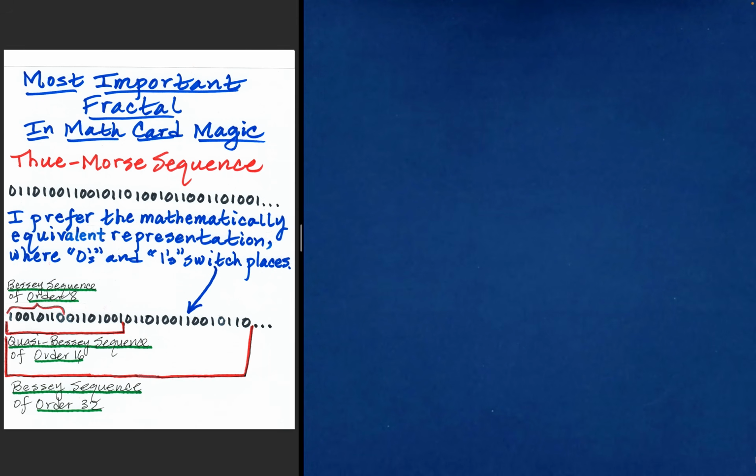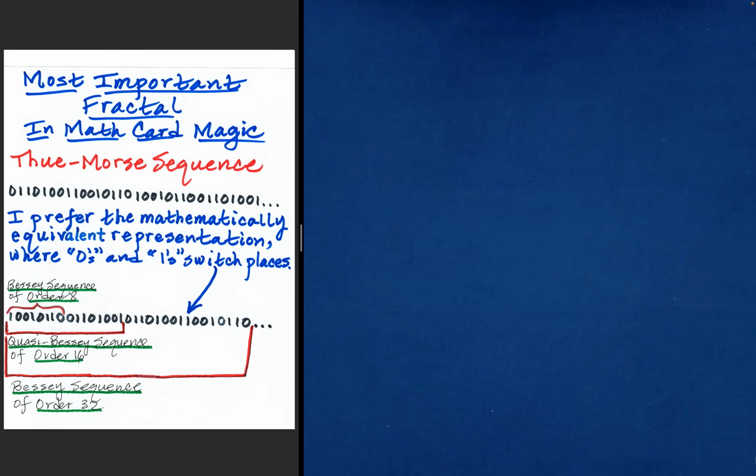Okay, so I had never heard of them before, but once I looked up on Wikipedia what the Thue-Morse sequence is, I realized that indeed these special sequences that I've discovered, that give you packet structures that are virtually impossible to mix using the systematic mixing procedures that are commonly used today, I could see how the Bessey sequences really are truncated portions of this Thue-Morse sequence, which is a fractal.